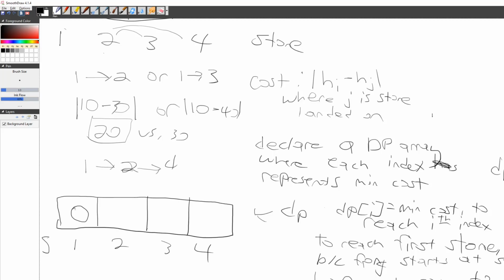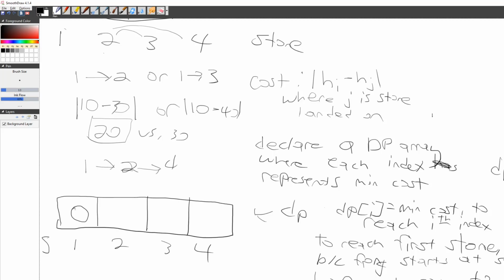Just to make this extra clear here, 1 to 2, the minimum is always just going to be, because that's the only way you reach it, it's just going to be stone 2 minus stone 1.